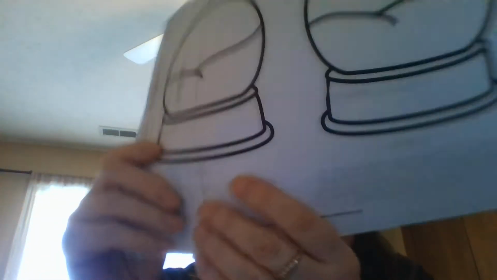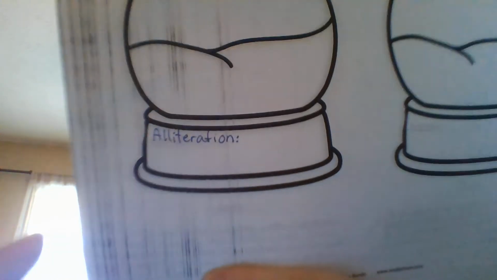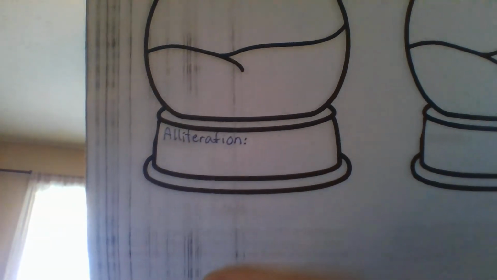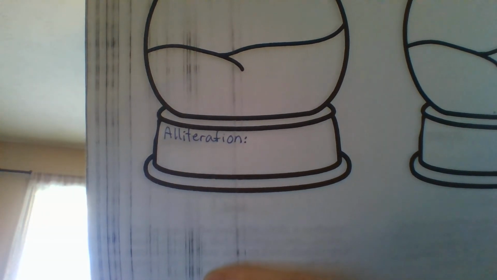So we're going to go to the blank page, and over here, we are going to take our pencil or a skinny marker, and we are going to write the word alliteration with a colon after it. All right?